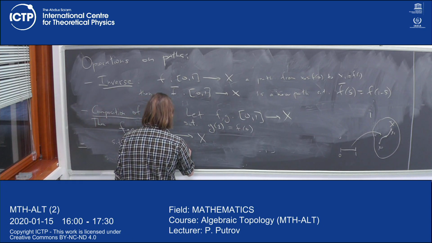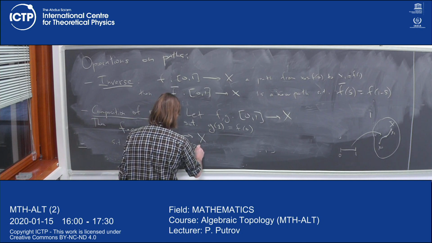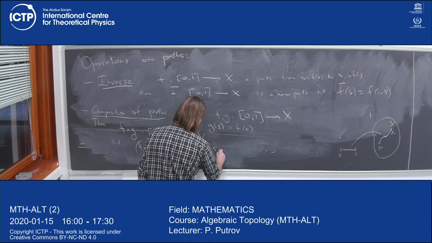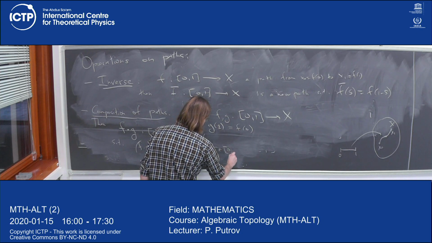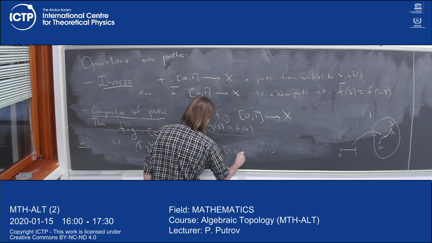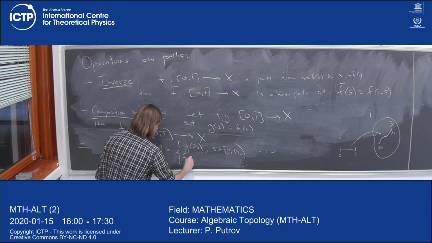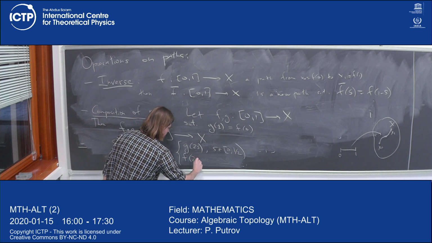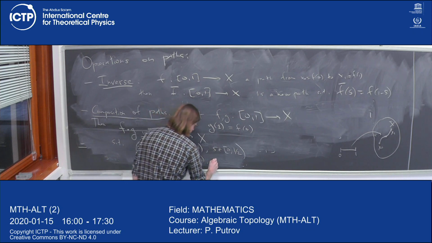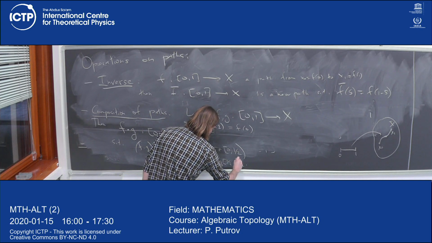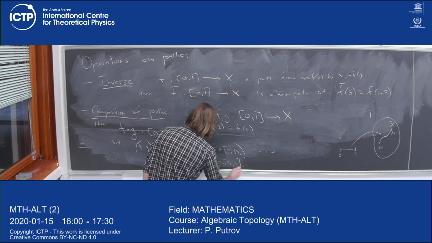It is the value of g of 2s when s varies from 0 to 1/2, and f of 2s minus 1 when s varies from 1/2 to 1.